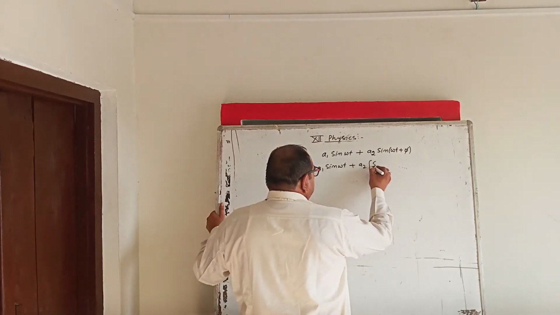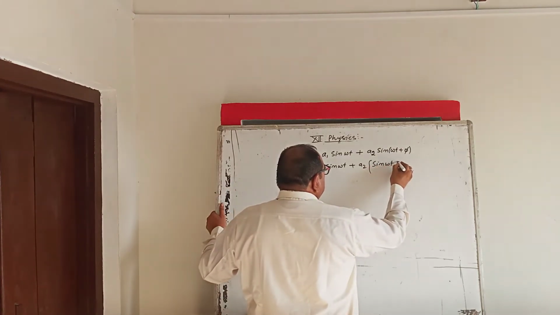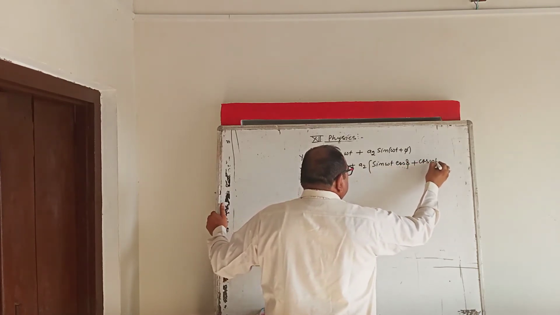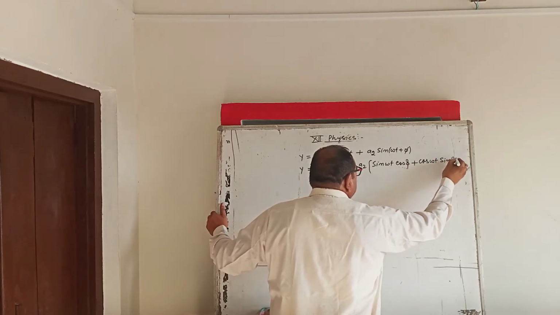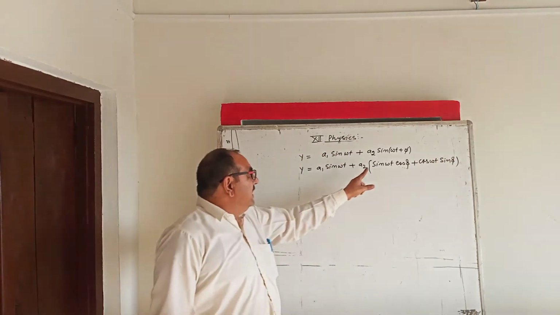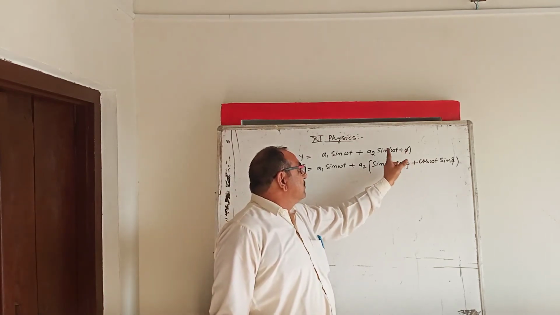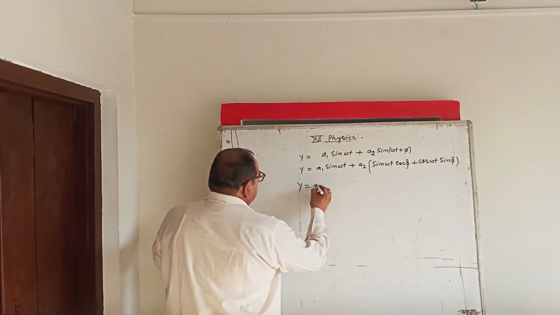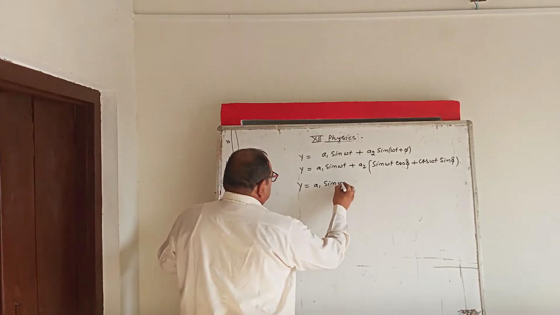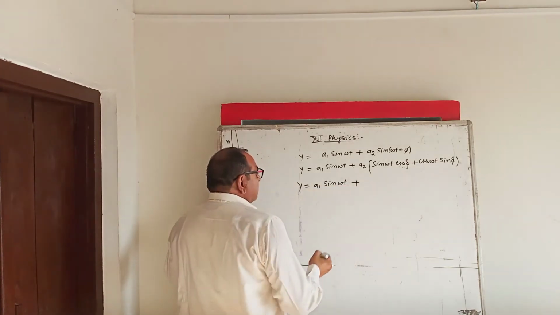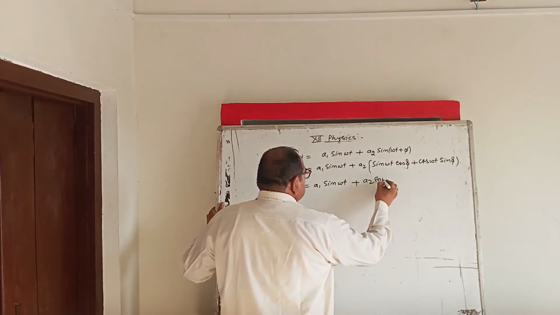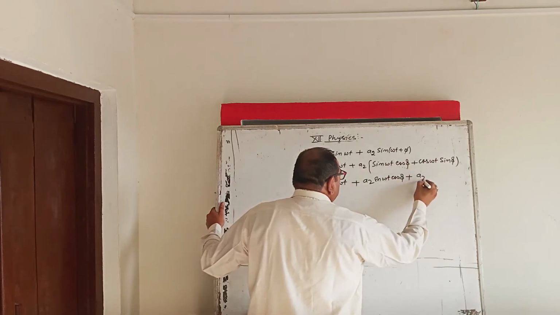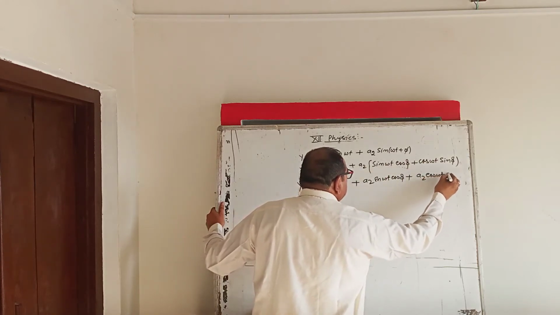That is sine A plus B means sine A cos B plus cos A sine B, like this: sine omega t cos phi plus cos omega t sine phi. Now a1 sine omega t plus a2 sine omega t cos phi plus a2 cos omega t sine phi.